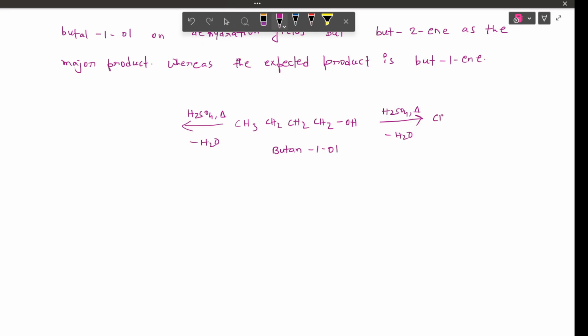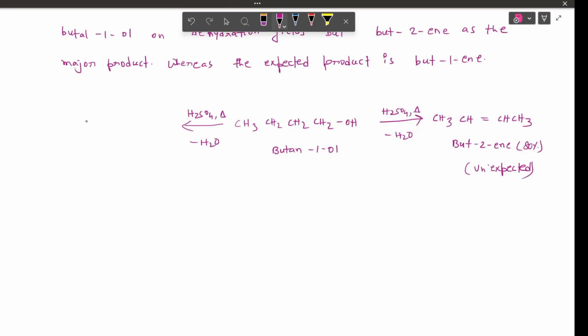One is CH3CH double bond CHCH3. This is but-2-ene, and this is almost 80%, and this is unexpected.